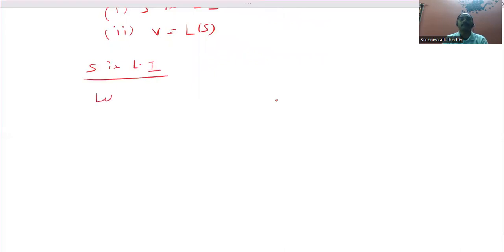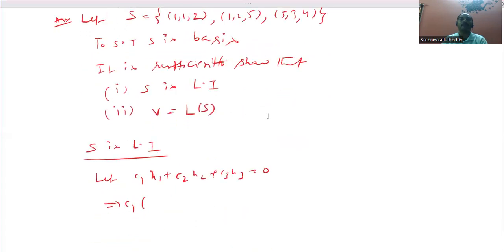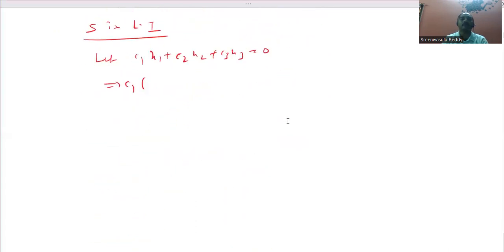So start as usual, routine procedure. C1 times x1, C2 times x2 plus C3 times x3 equal to 0. C1, first vector name as x1. For understanding purpose, I give the name. By practice, no need to give the name. This vector is nothing but 1, 1, 2.